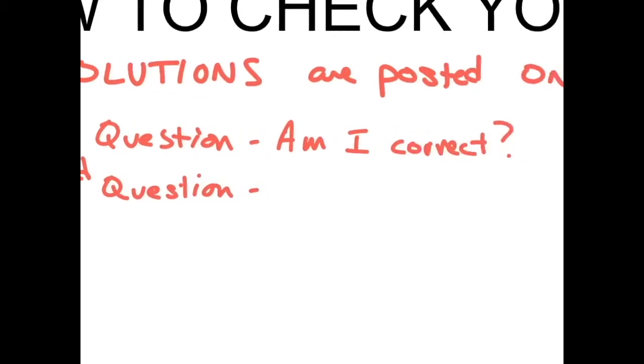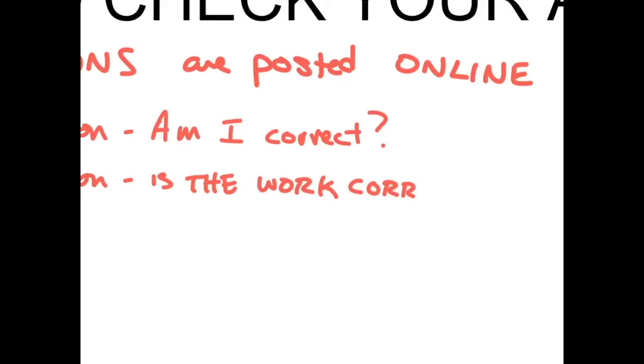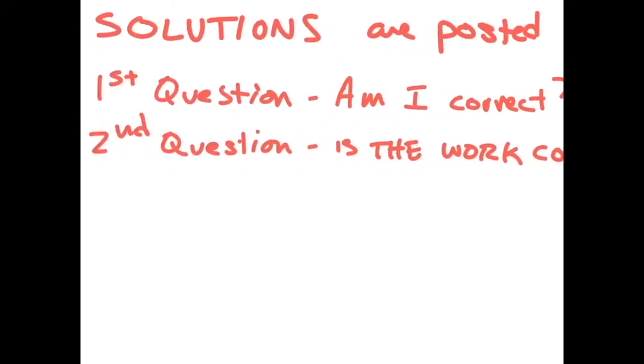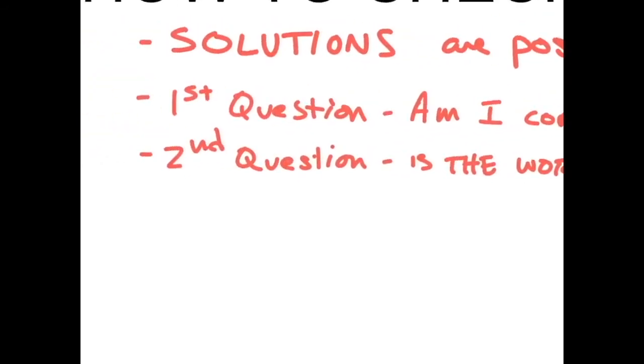So does the work that I have, or my logic, match what the teacher has? That's really important. To get from point A to point B, is your work logical? Is it correct?